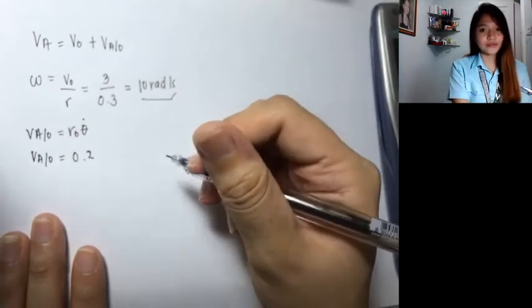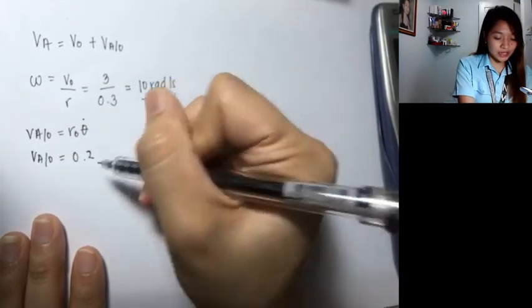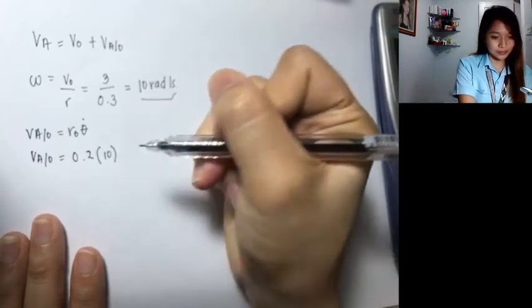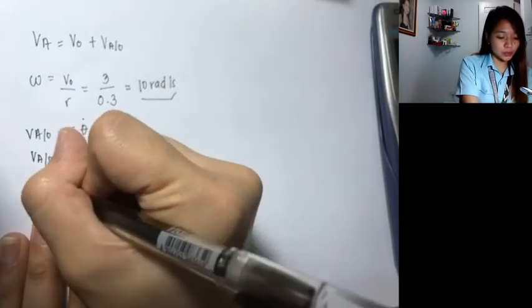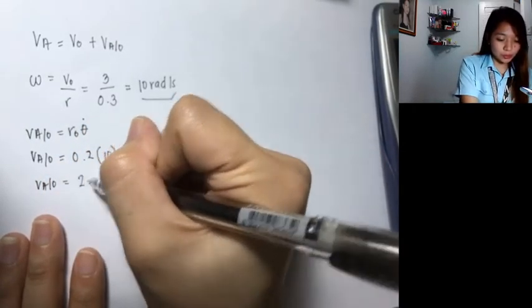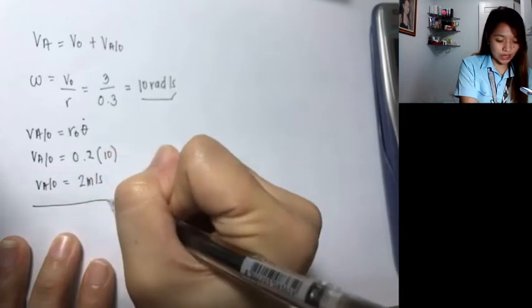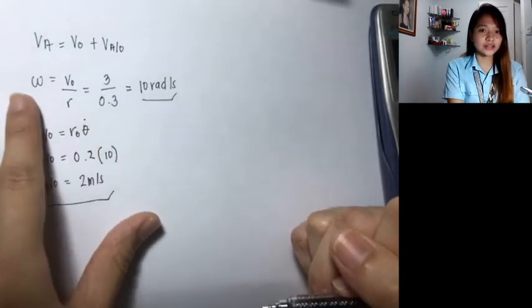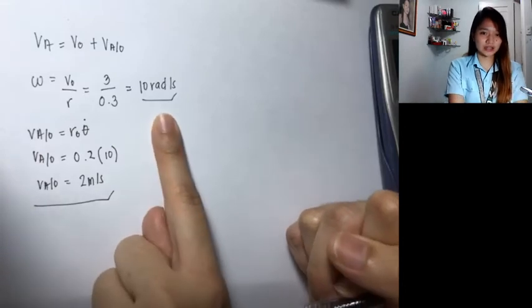Theta dot is 10. So 0.2 times 10 is equal to 2 meters per second. So that is our VA to O, 2 meters per second, and our angular velocity is 10 radians per second.